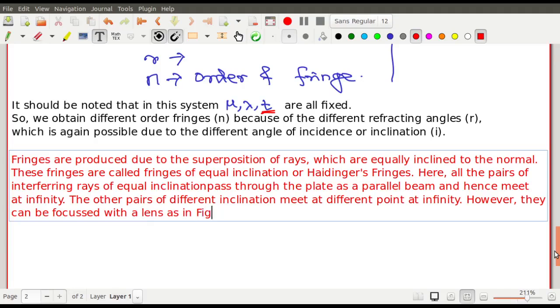So whatever is produced at infinity, you can focus them also, as in figure, to get circular fringes.